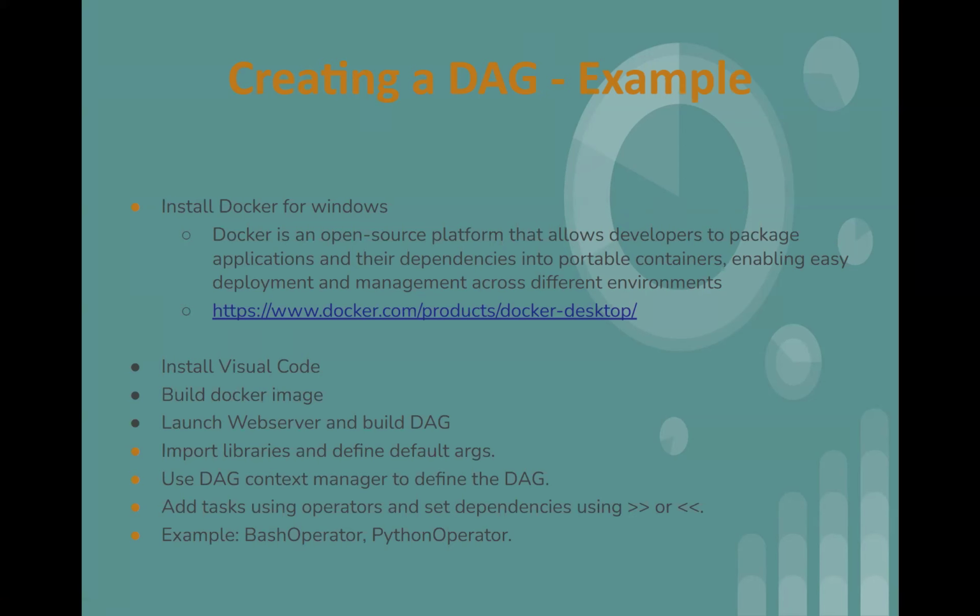We need to create tasks and dependencies between those tasks. To create the task, we can use operators, and those operators are different types. It can be bash, Python, or any of the S3 or those kinds of operators. And those operators are implemented or provided by the providers. So this is all about what to do to create a DAG.